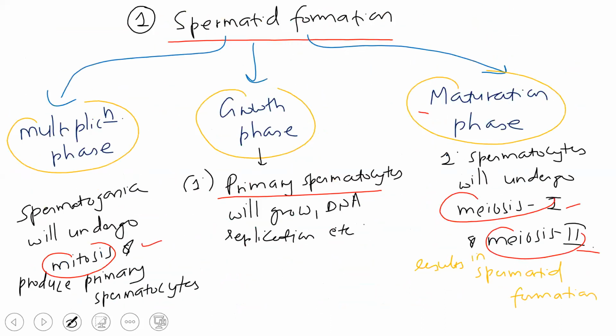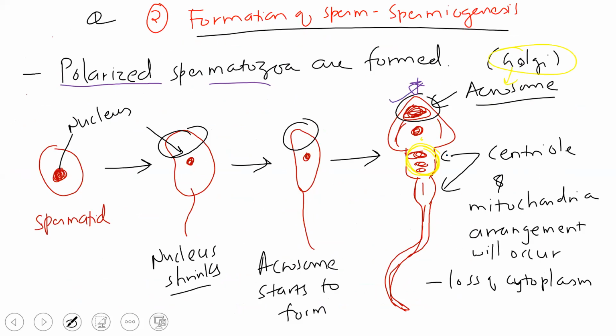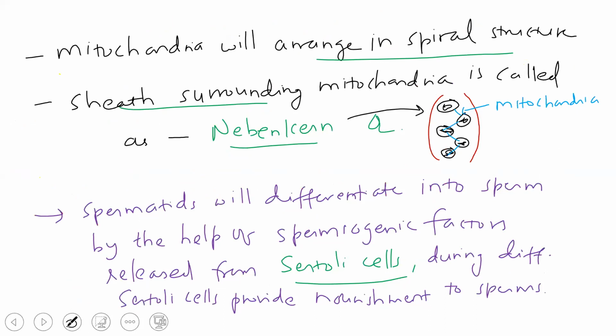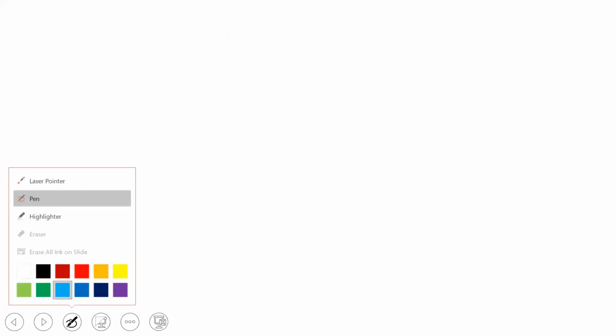We have discussed the first phase, then we moved on to the second phase, spermiogenesis, sperm formation. Ideally, let's say this is the Sertoli cell.